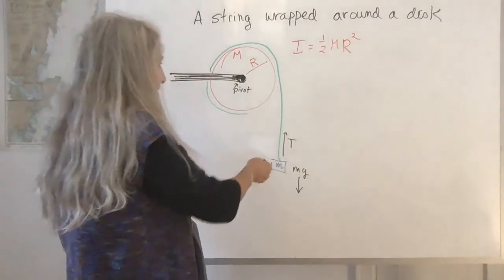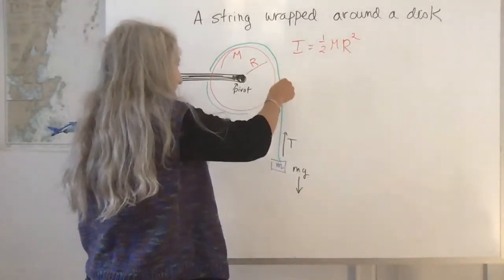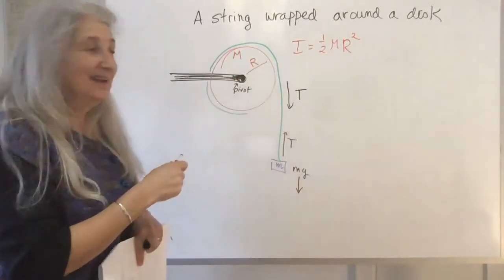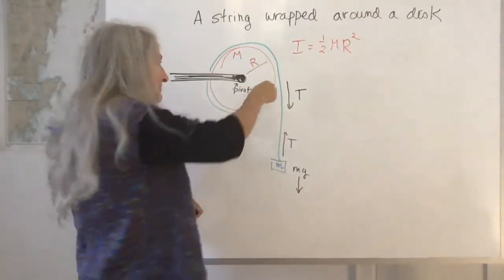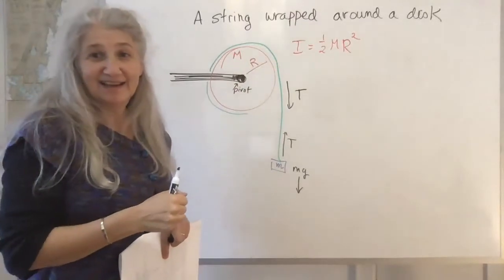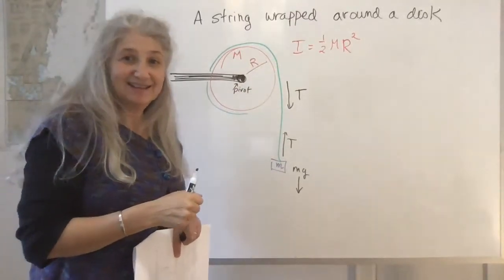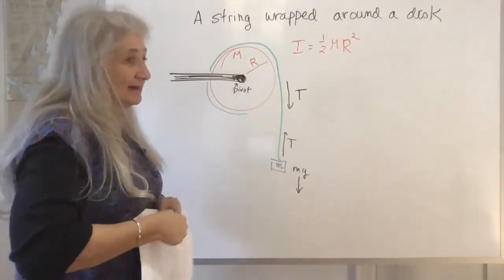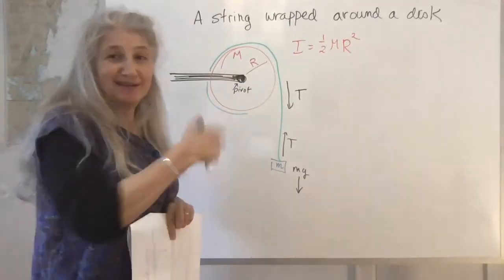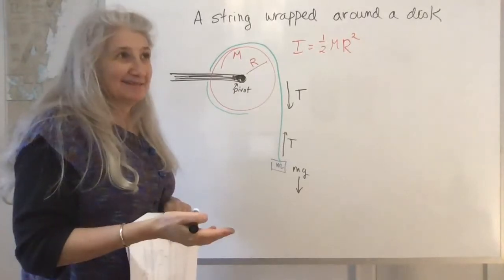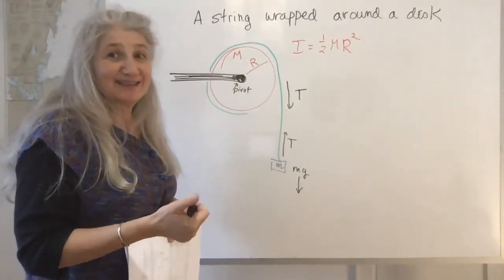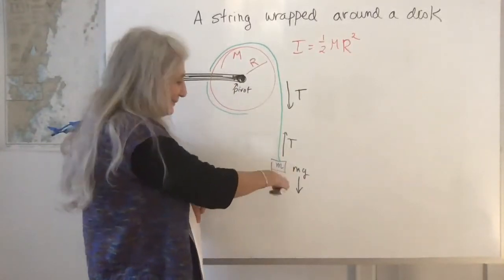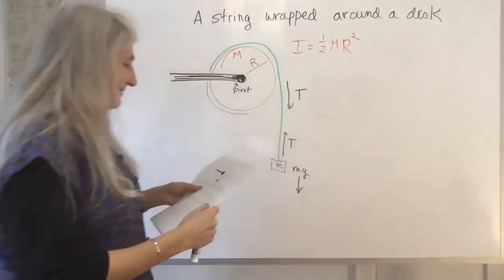But then the tension is applied here onto the disk. If the string doesn't slip, that's going to exert a torque on the disk, and the disk will start to spin up. So we'll get an angular acceleration on the disk that's related to the acceleration of the mass falling because of gravity.